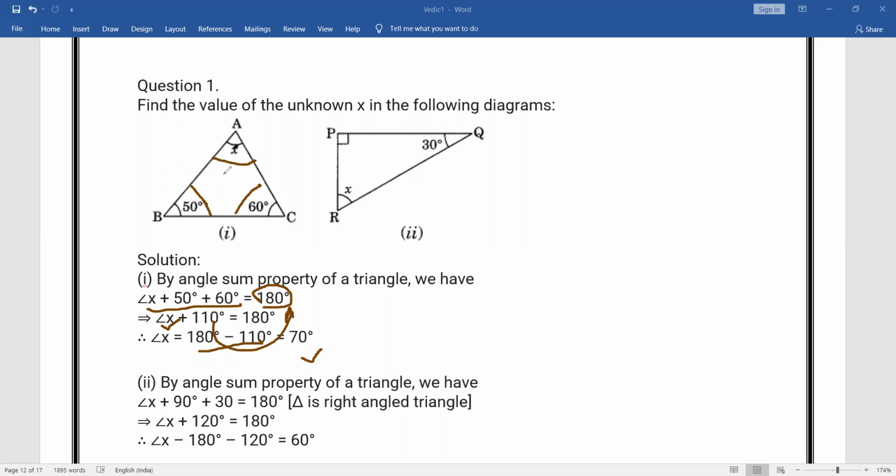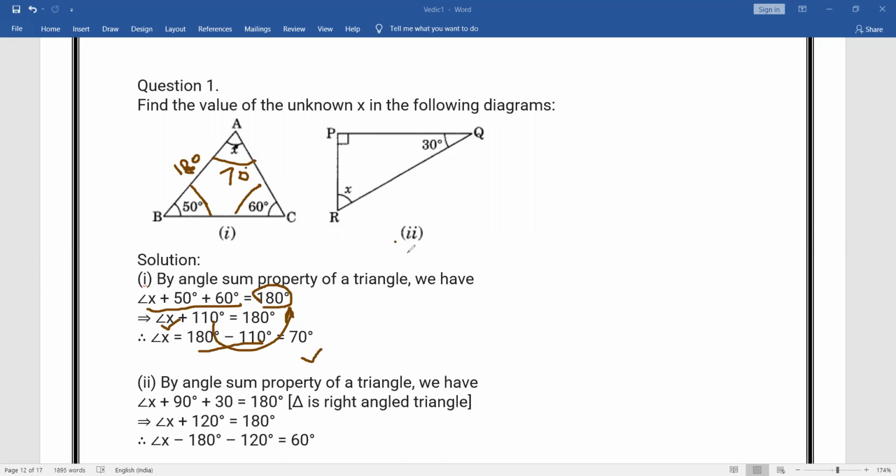So the value for this unknown angle is 70 degrees. You can check it also. If you add 50, 70 and 60, the result is always 180. For a triangle, if you add the three angles of a triangle, the result is always 180.